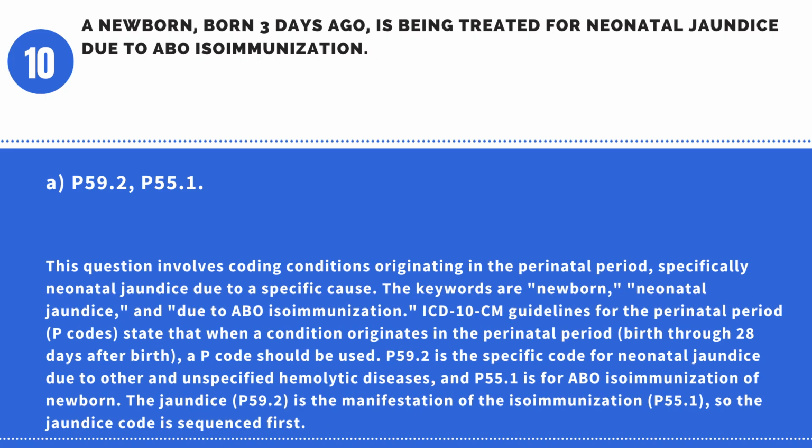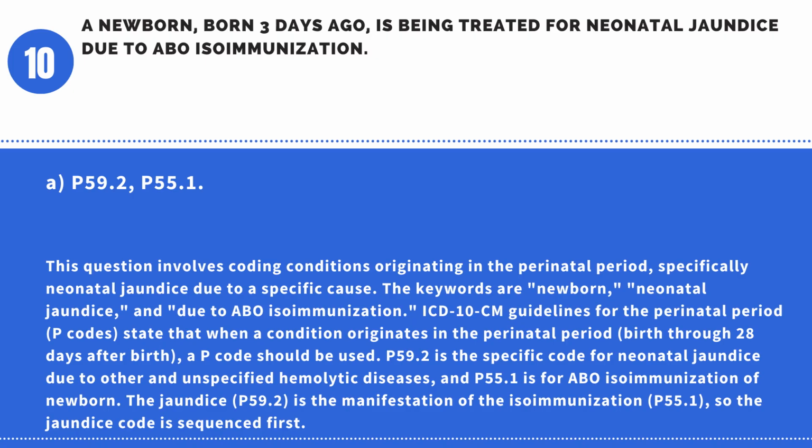Answer, A. P59.2, P55.1. This question involves coding conditions originating in the perinatal period, specifically neonatal jaundice due to a specific cause. The keywords are newborn, neonatal jaundice, and due to ABO isoimmunization. ICD-10-CM guidelines for the perinatal period, P codes, state that when a condition originates in the perinatal period, birth through 28 days after birth, a P code should be used.